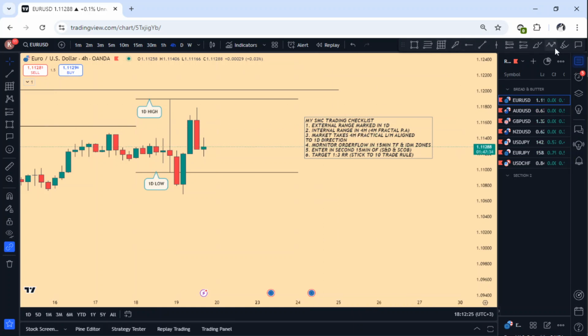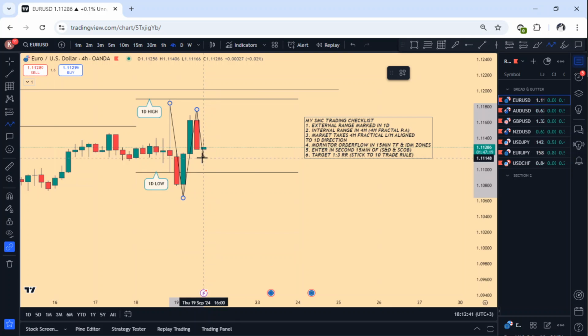So what happened overnight? Overnight we had this candle pushed down, and then now it started pushing upwards. So we're expecting upwards. Currently the market is pushing downwards.